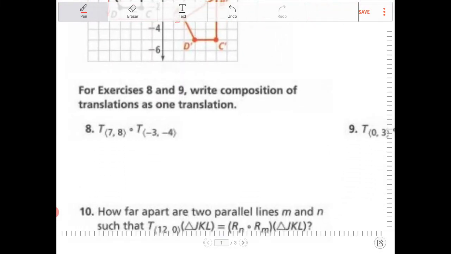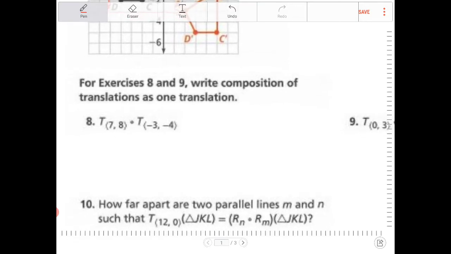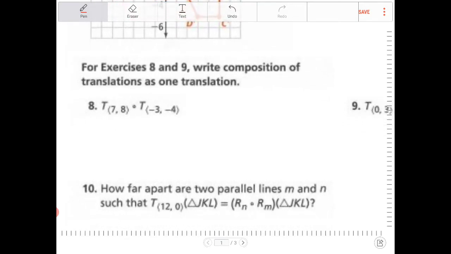For exercises 8 and 9, write a composition of translations as one translation. The way to think about this is, when you are translating something over two different translations, you take the point which was originally over here and translate it to get to A prime, and then translate it one more time to get to A double prime.